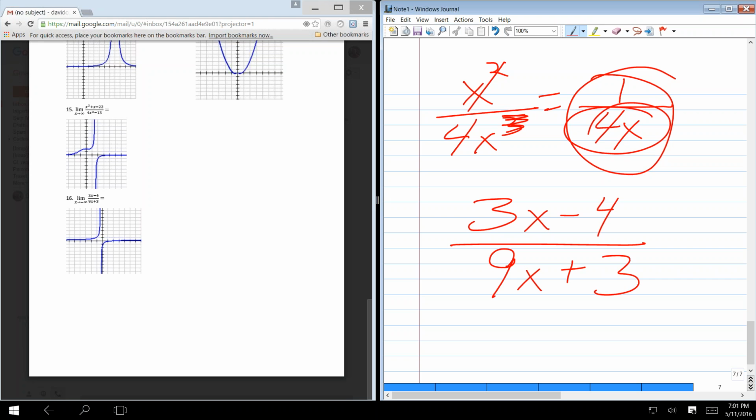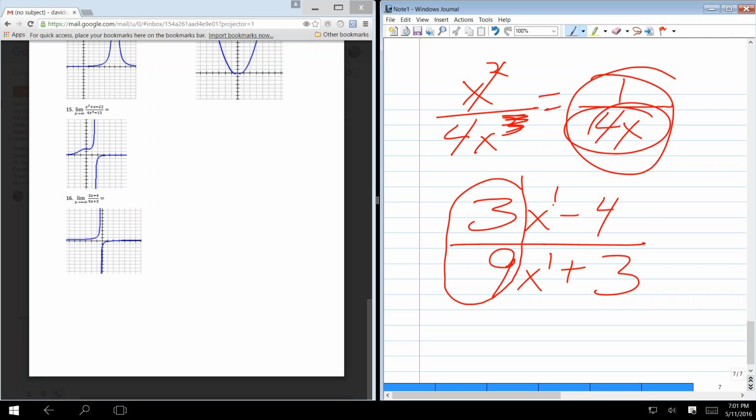In other words, if we're looking at end behavior, because it's got x going to negative infinity, and the degree in my numerator is 1, the degree in my denominator is 1, if they're the same, then the end behavior is the ratio of the coefficients, always, even if it was x squared and x squared.